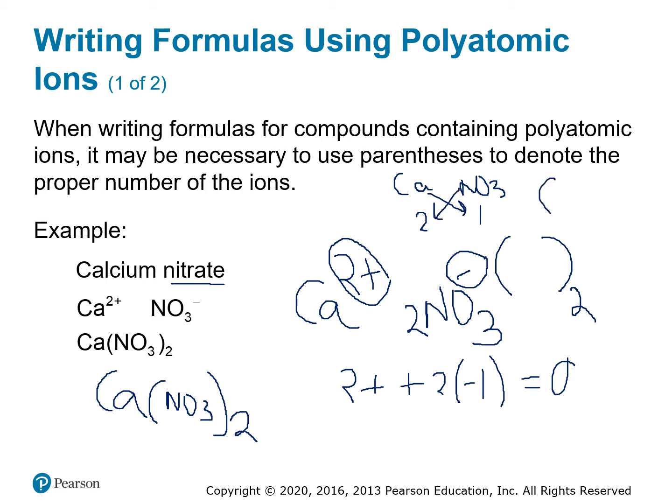So the formula will be 1 calcium, NO3 in the brackets, and the 2 goes to nitrate. If you do the math, again it will be neutral. So use any one of these methods to write the formulas for polyatomic ions.